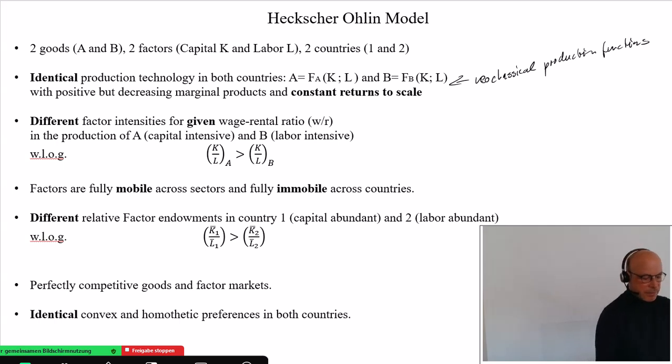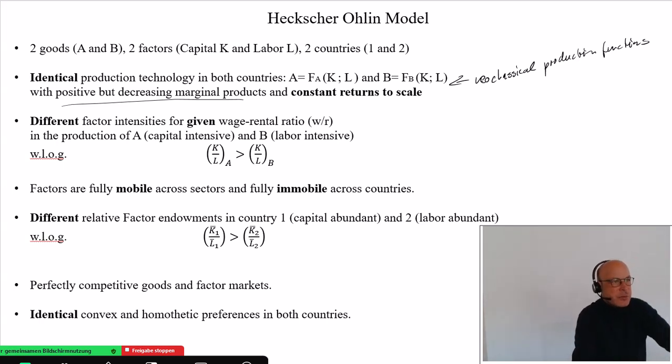So, in general, again, we have neoclassical production functions, meaning positive but decreasing marginal products. And now this would be a really crucial assumption within this model, this constant returns to scale production.